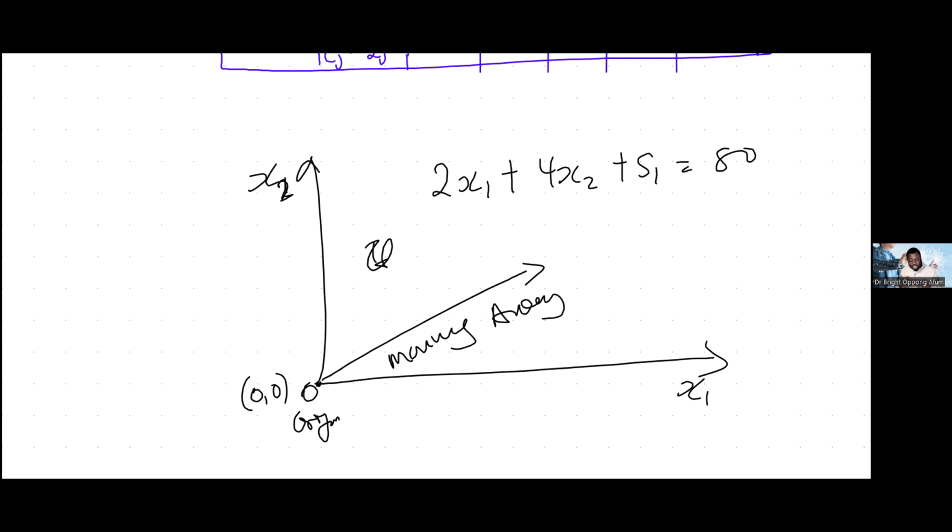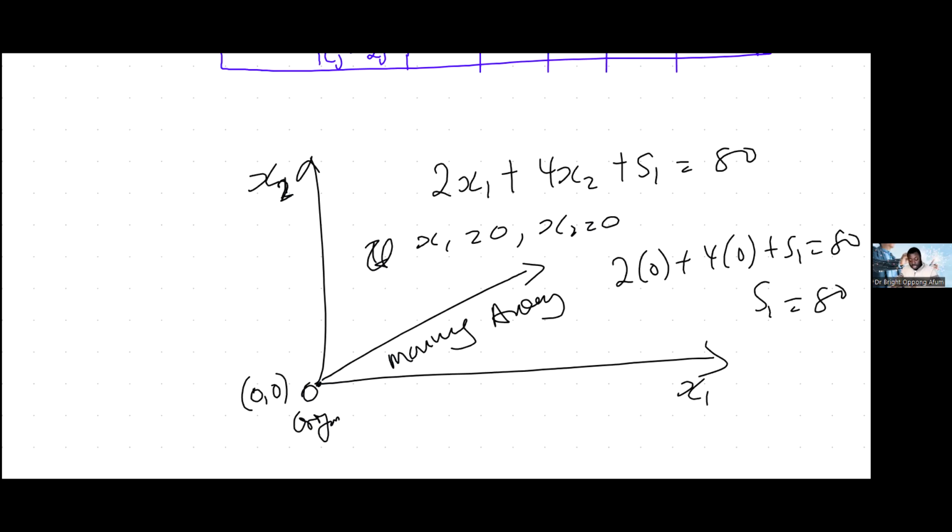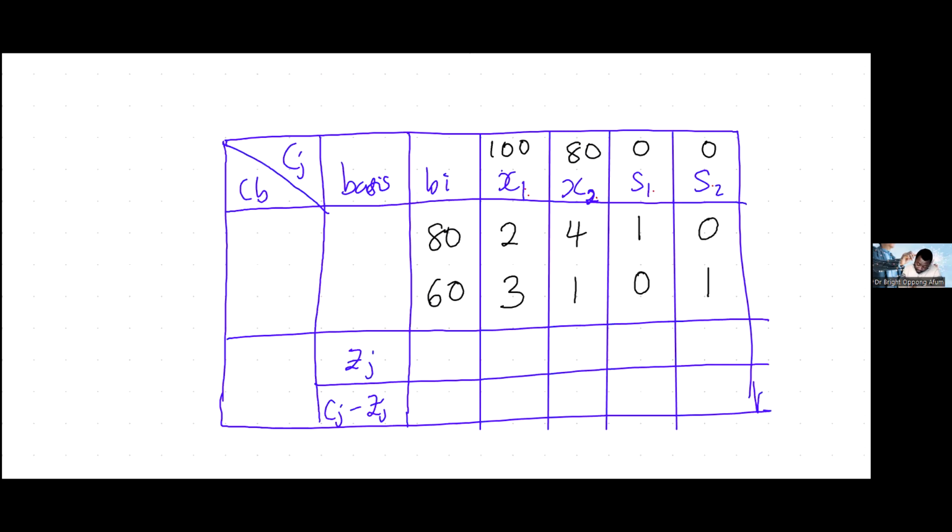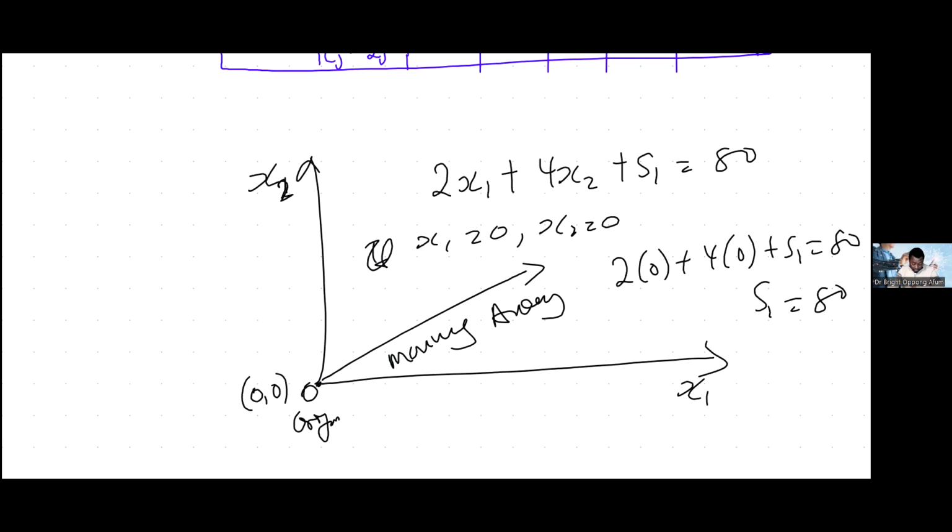But if we are considering the initial solution to be at the origin, then x1 is equal to 0, x2 is equal to 0. And if that happens, it means that we have 2 times 0 plus 4 times 0 plus S1 is equal to 80. And therefore, S1 is equal to 80. So S1 comes into the solution as the basis variable. So S1 will now be represented here.